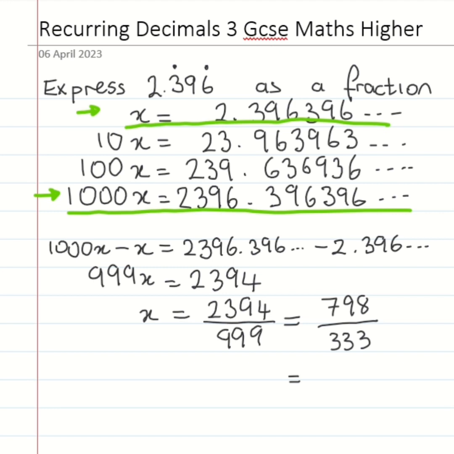So I'm going to check the numerator now. 7 plus 9 is 16. Plus 8 is 24. Since 24 is in the 3 times table, this number will be divisible by 3. Therefore, I'm going to divide top and bottom by 3, and that will be 266 over 111.